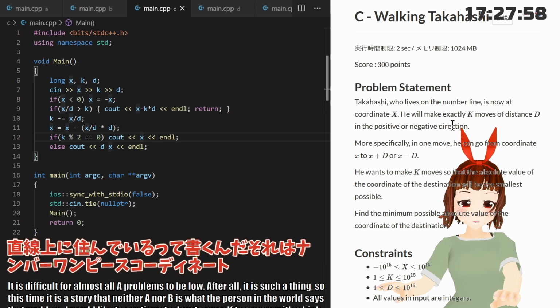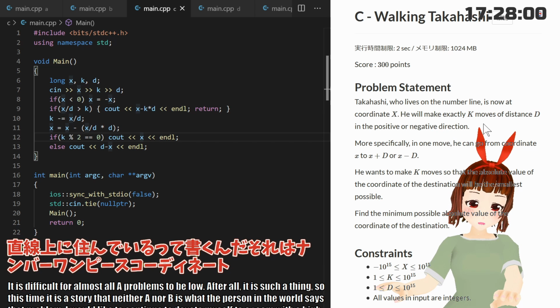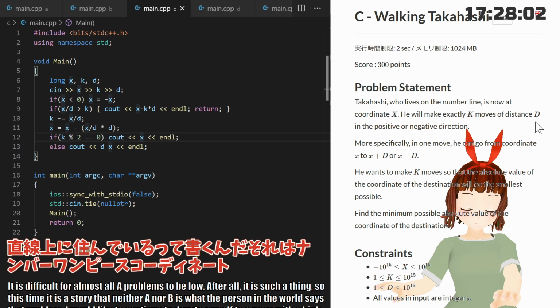He will make exactly K moves of distance D in the positive or negative direction.